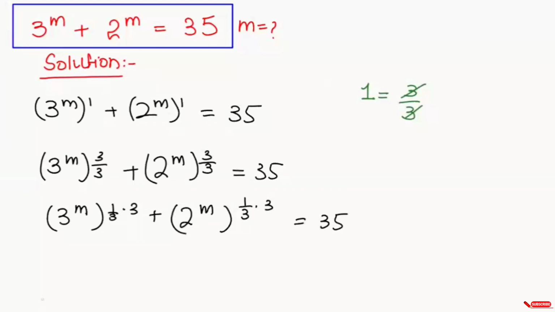Now we have the exponential rule that (a to the power of m) whole to the power of n can be written as a to the power of m times n. So here the powers are going to be multiplied. This equation turns to (3 to the power of m over 3) whole to the power of 3 plus (2 to the power of m over 3) whole to the power of 3 is equal to 35.